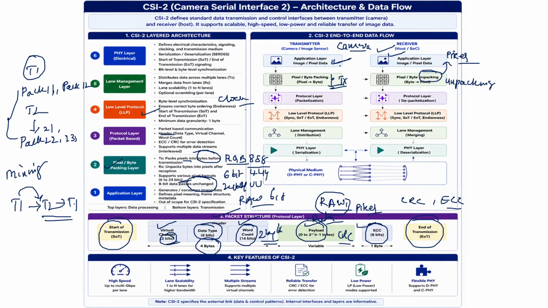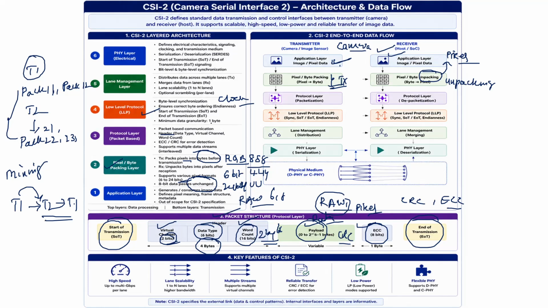That means between the start of transmission and end of transmission, how much granularity you are getting. So minimum granularity we need to expect here, at least 1 byte of data from the transmitting side to the receiving side. Okay, that is the use of the low level protocol layer.